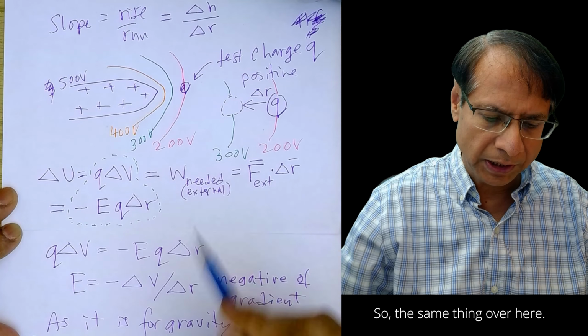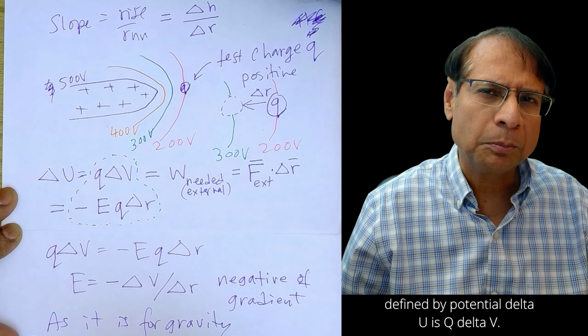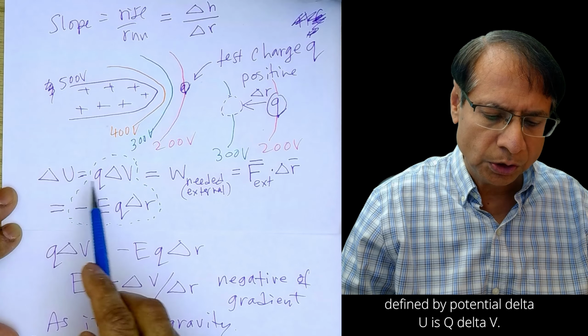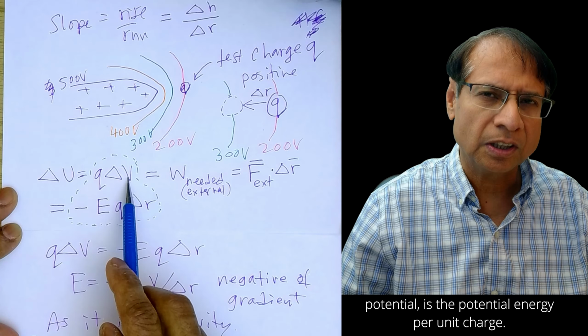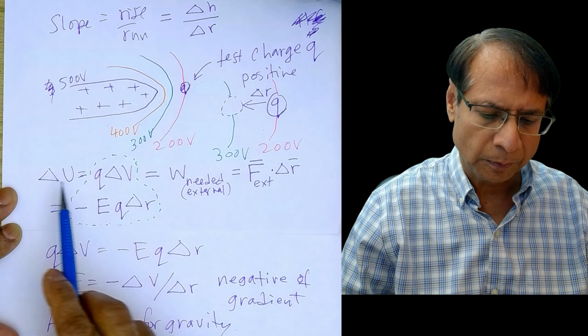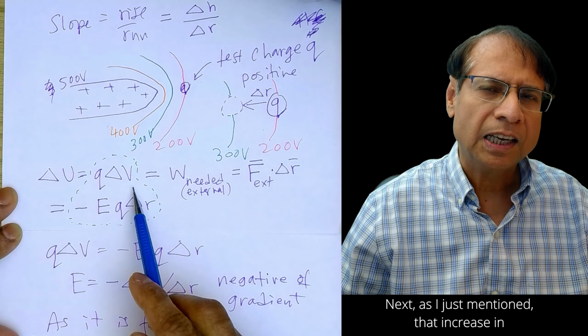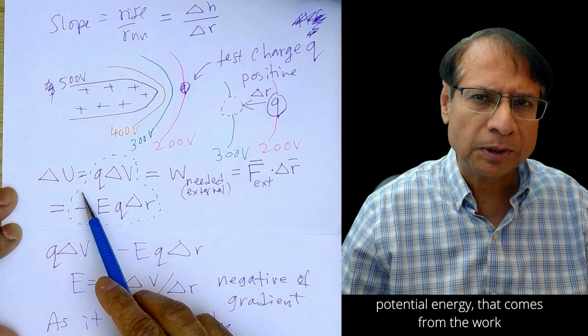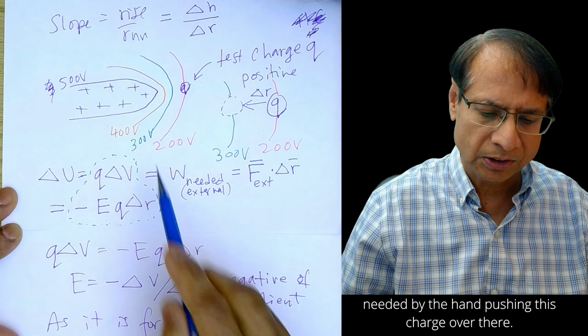So same thing over here. The increase in the potential energy as defined by potential, delta U, is Q delta V. This is the definition of electric potential, the potential energy per unit charge. Therefore the change in U is Q times delta V. Next, as I just mentioned, that increase in potential energy comes from the work needed by the hand pushing this charge over there.